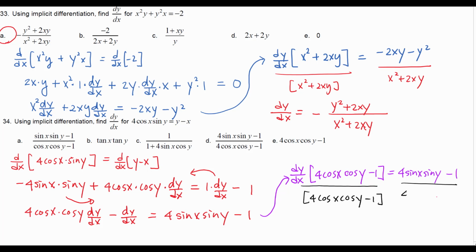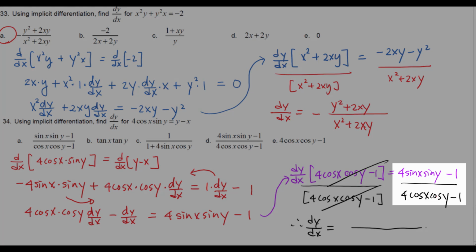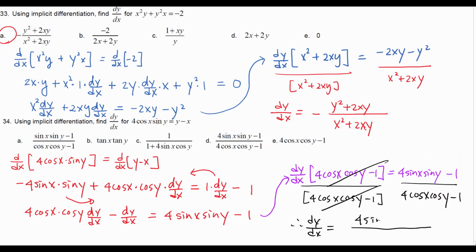So your dy/dx is equal to what you have on your right hand side above, (4 sine x sine y minus 1) over (4 cosine x cosine y minus 1). So the answer is D.